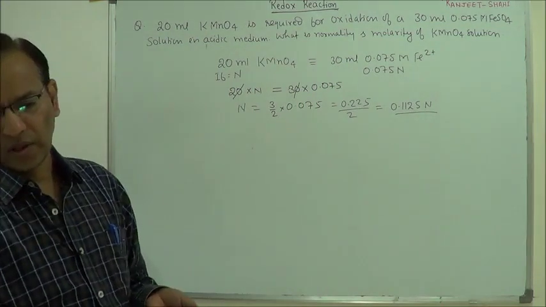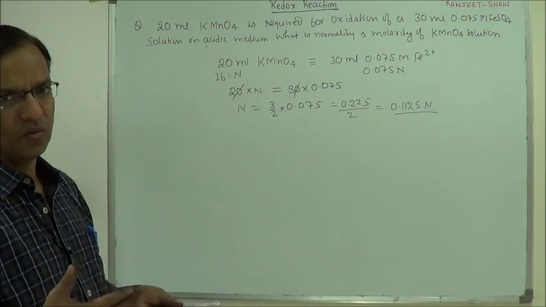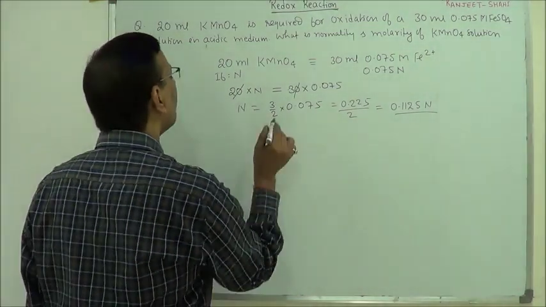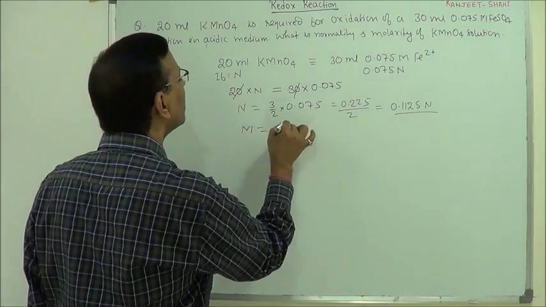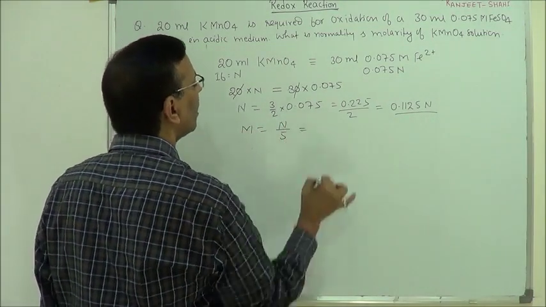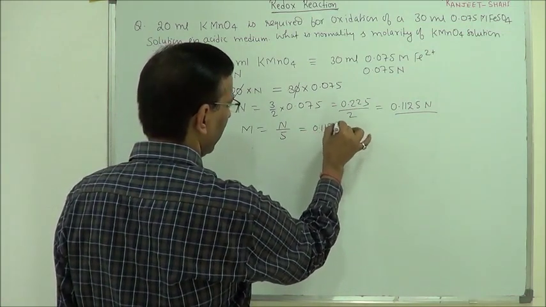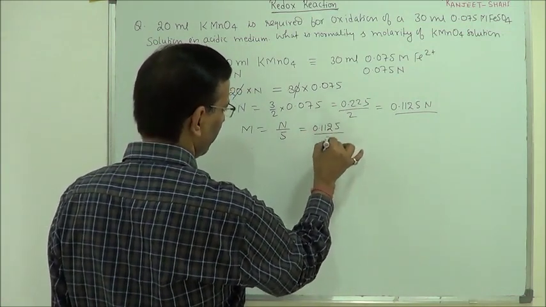And in acidic medium, N factor for potassium permanganate is 5. So molarity will be normality divided by 5, and it would be 0.1125 divided by 5.